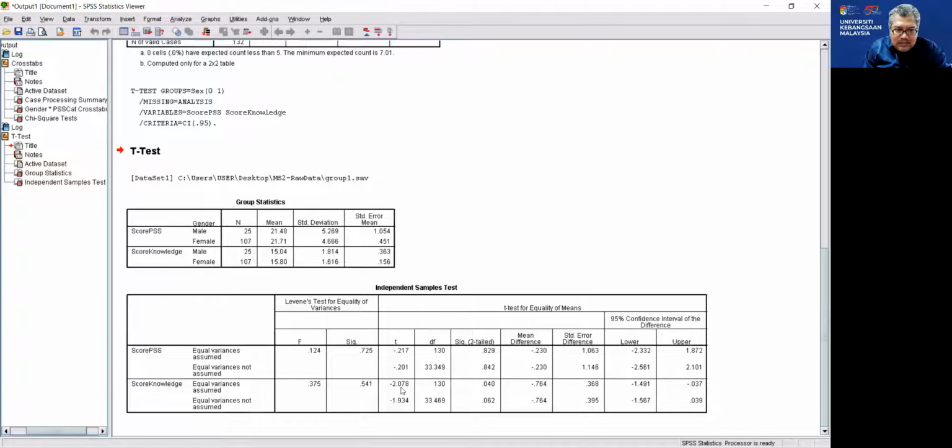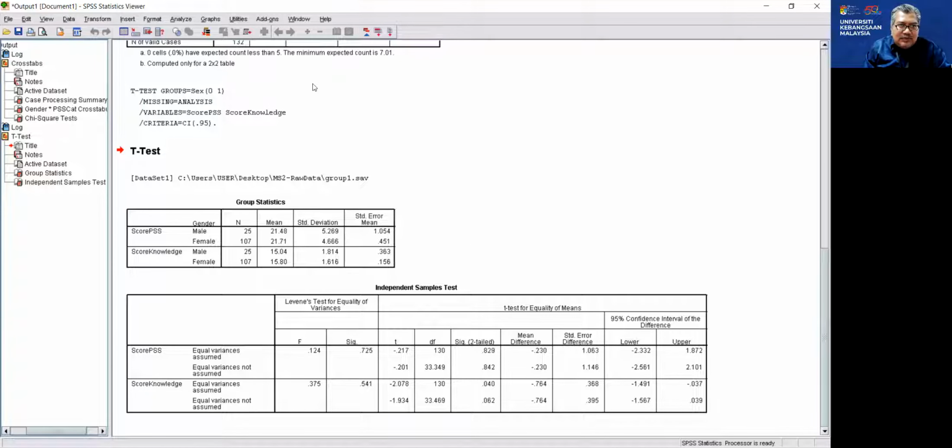The top row is equal variances assumed. The t value is 2.078, larger than 1.96. Yes, the p value is 0.04. Yes, the girls have better knowledge about COVID compared to the boys. It is statistically significant, 15.8 versus 15.04. Okay, that is for the t-test.